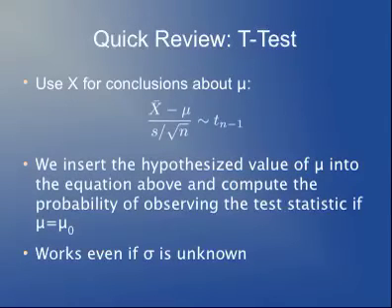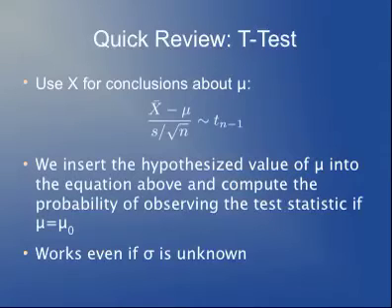So what we usually use instead is the t-test, which is really similar, but rather than taking x bar minus mu divided by sigma over root n, we take x bar minus mu over s divided by root n, where s is the sample standard deviation, and that has a t-distribution with n minus 1 degrees of freedom.